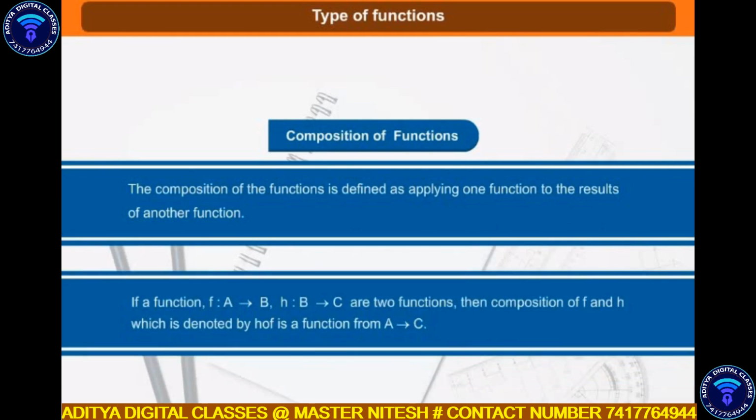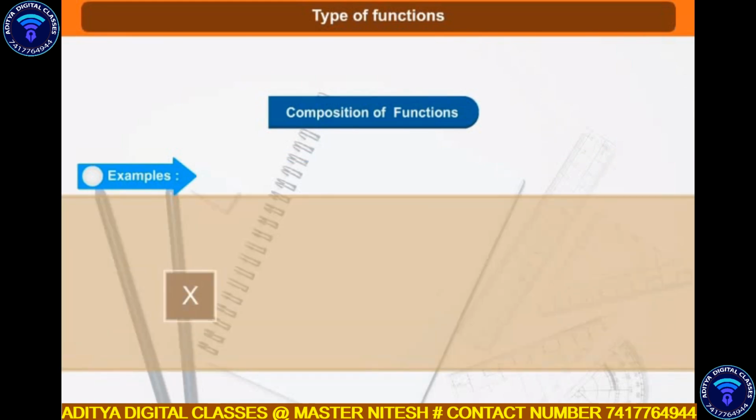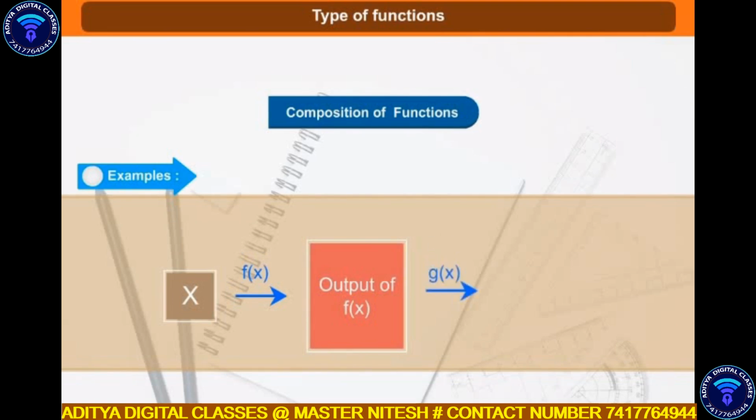If a function f in which A changes to B and function h in which B changes to C, then the composition of f and h, which is denoted by h o f, is a function from A to C. Finally, we can write h o f of x is equal to h of f of x for all x belonging to A. For example, in the given example, x is fed as an input on which function f acts, and the output f of x is fed to the input on which the function g acts, which finally gives us g of f of x.